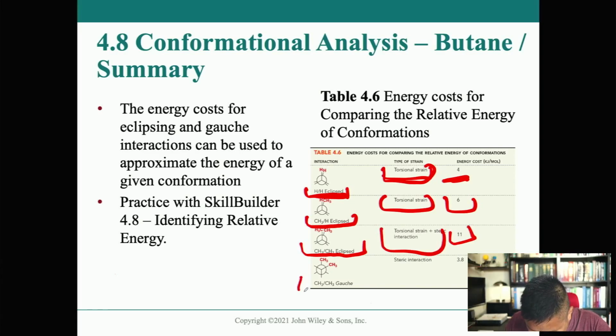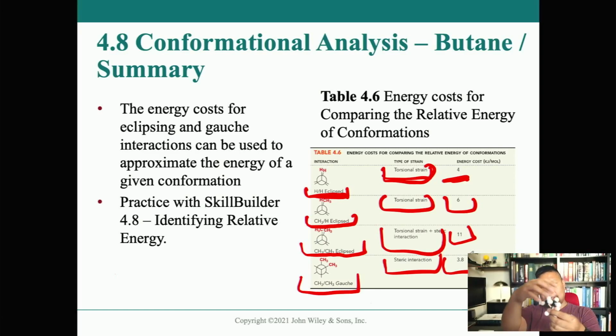And then we have the gauche. That strain is going to be the steric interaction, or steric strain, where these two substituents are so big that they don't want to be so close to each other because it causes more repulsion from their electron densities.